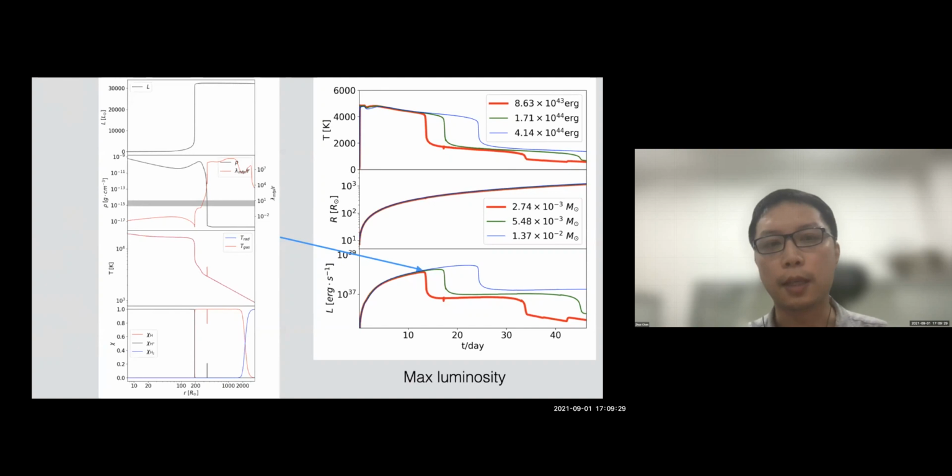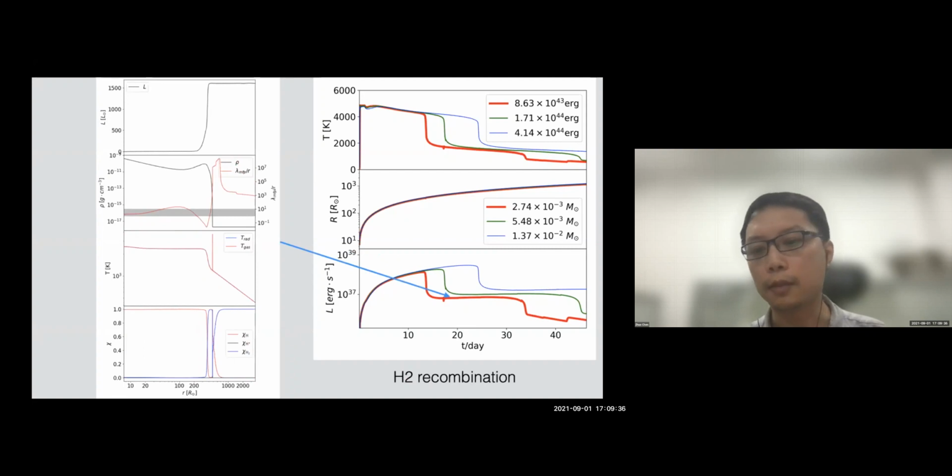As you can see, the density profile here is high. The last phase is H2 recombination. The inside of the ejecta has now become atomic, and the outside is molecular, and molecular hydrogen forms on dust.